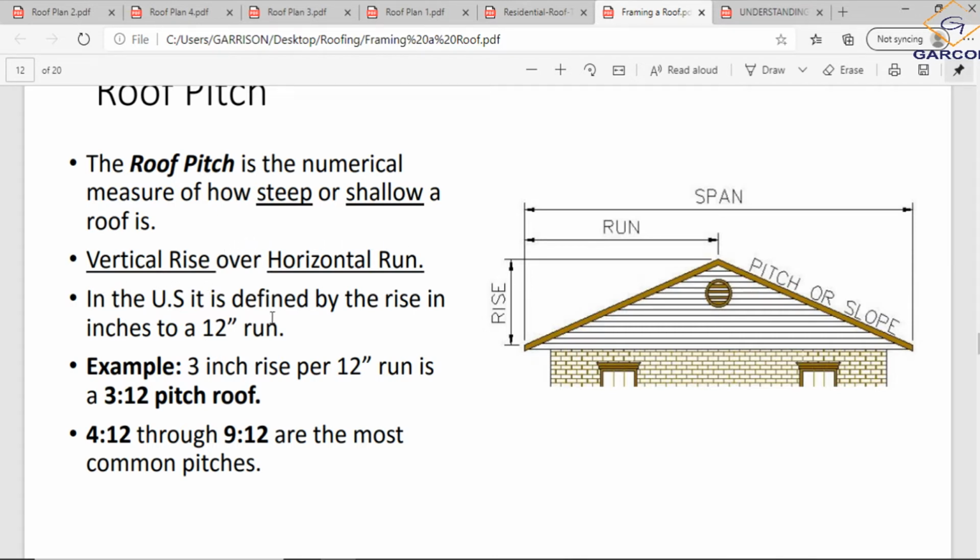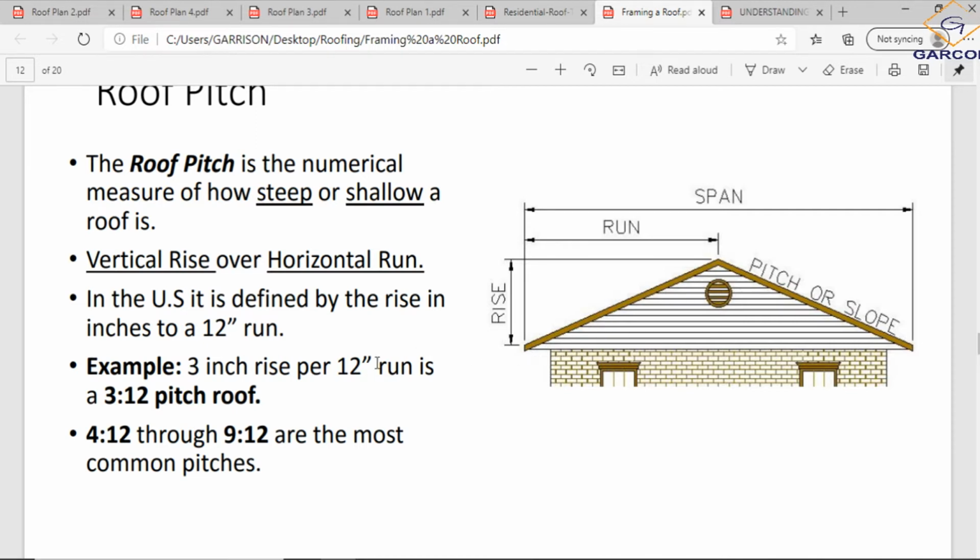In the US, it is defined by the rise in inches to a 12-inch run. Since 12 inches is 1 foot, they refer to the pitch of the roof as how many inches of height over a 12-inch length. So for every 1 foot you go, how many inches you go up, that's how they determine the pitch.